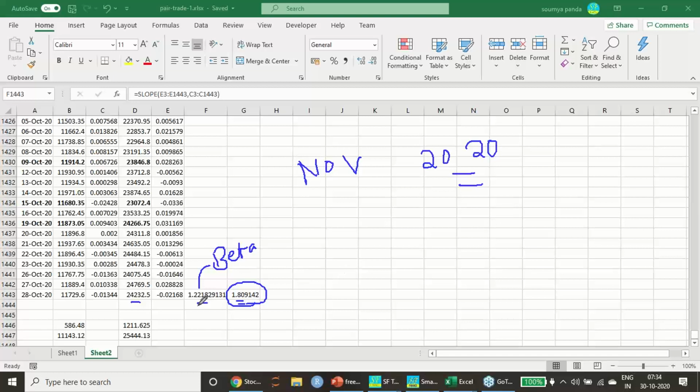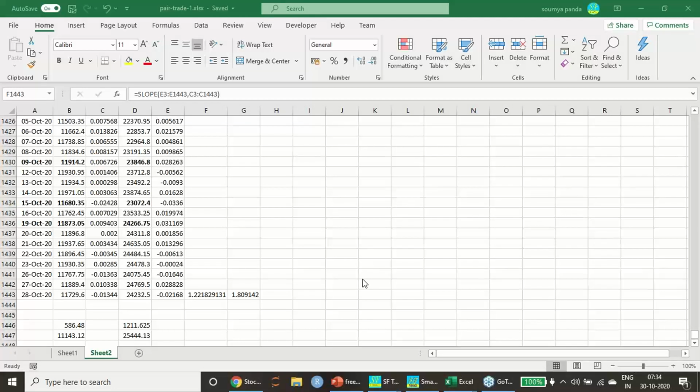So this 1.22 means if Nifty changes by 1%, you will expect a 1.22% change in the Bank Nifty, as told by its past 5 calendar years data. Using this, we are going to take some trade decisions.